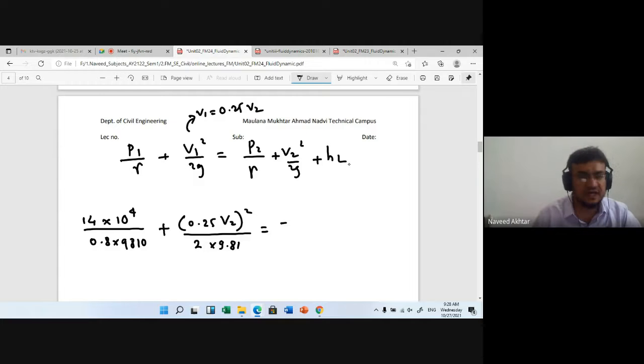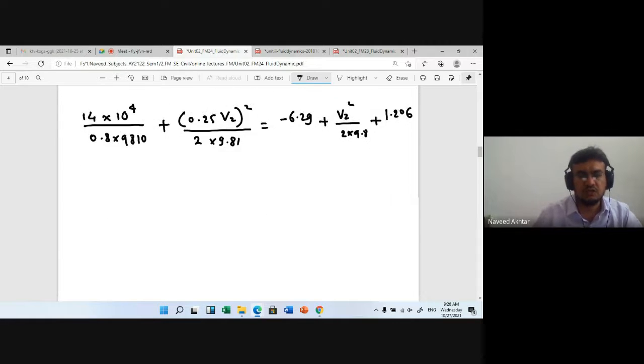And P2 upon gamma is minus 6.29 plus V2 square by 2 into 9.81 plus the head loss we calculated earlier, 1.206. Now solving this, you have to find V2. So V2 you will get after solving, that is 20.79 meter per second.